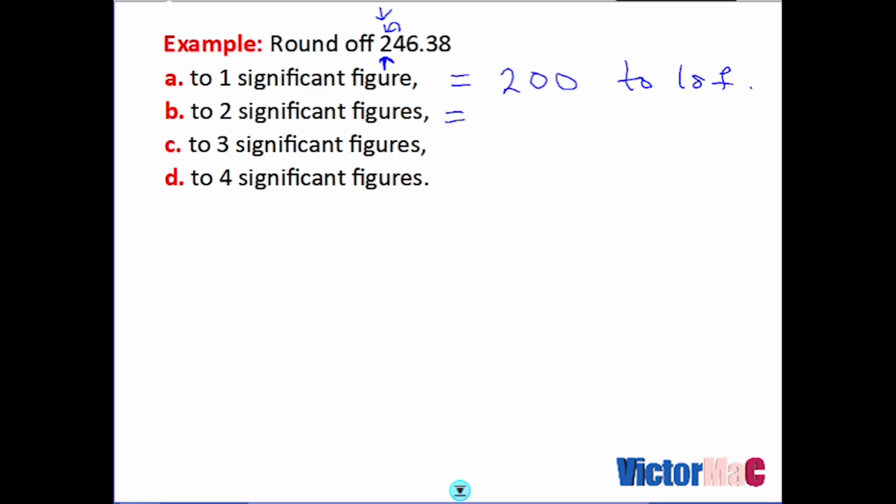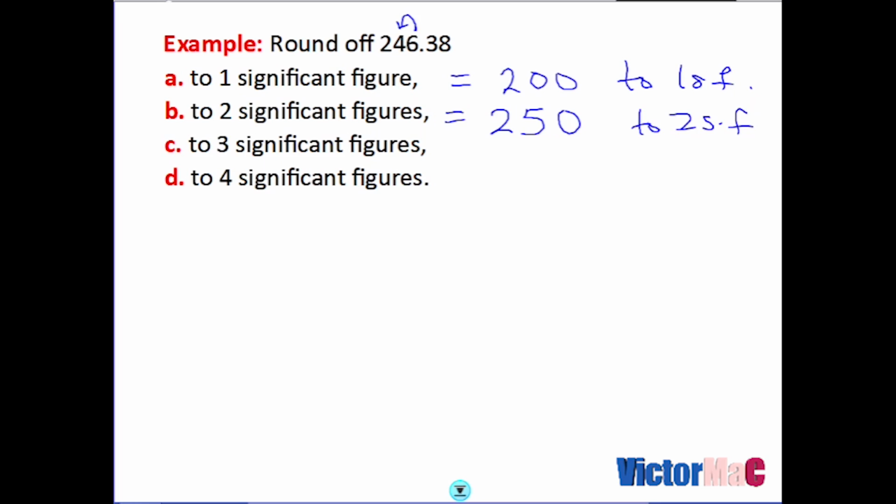For the next one, 2 significant figures, it is after the first. Before I write the second, let's look at it again. Will 4 be rounded up or down by 6? Of course, it's rounded up, so we're going to add 1 to 4, we're going to have 5, and then we fill in with zeros up to the unit, as I've said, we can decide to add zeros after the point, so 250.000.